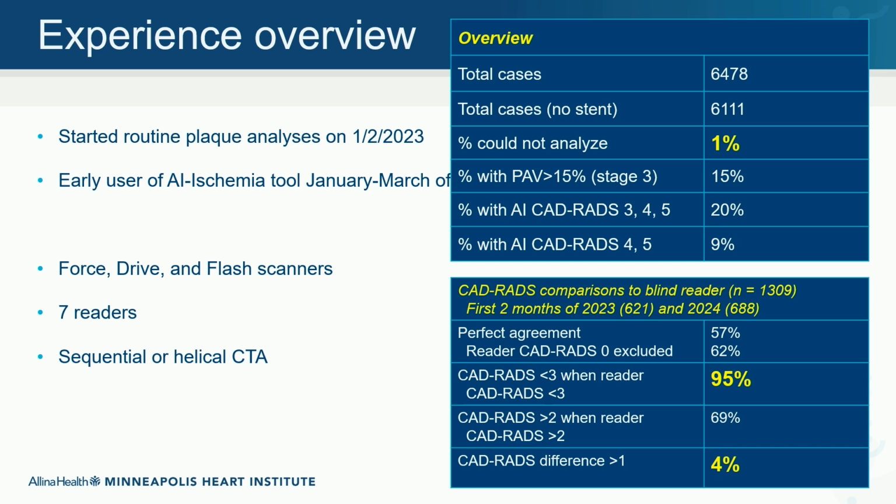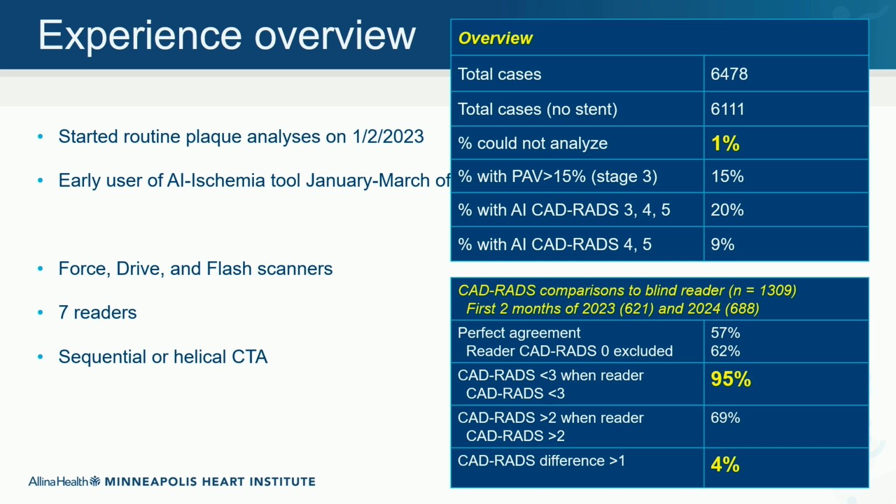So these were essentially blinded. And you can see what happened is we noticed using CAD-RADS, we would have perfect agreement about 60% of the time. That's actually very good in my view, because it's hard to get readers to agree with each other, and there are a lot of borderline cases.